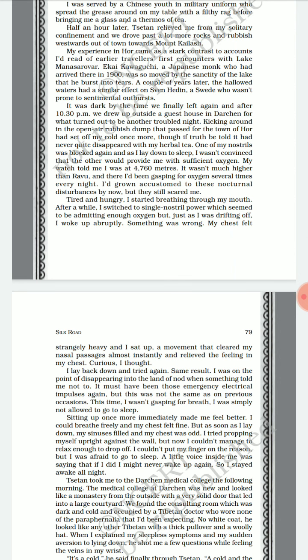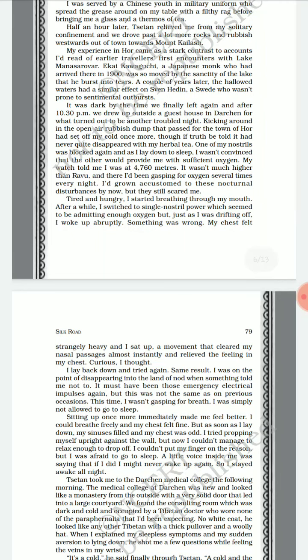A couple of years later, the hallowed water had a similar effect on Sven Hedin, another famous Swedish traveler who wasn't prone to sentimental outbursts. Now, unlike Akai Kawaguchi, who was so much impressed by the ethereal, panoramic, serene beauty of Lake Mansarovar when he visited in the year 1900, that there was an emotional outburst in him, he cried.